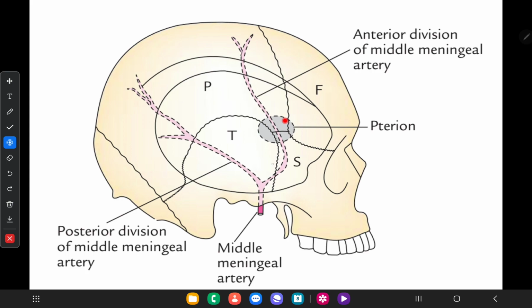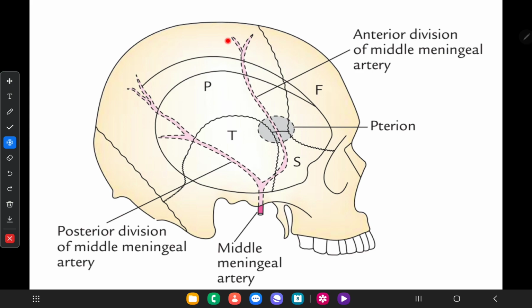Thereafter, this anterior division breaks up into several branches, supplies the dura mater and cranial bones, and goes far towards the vertex of the skull. One branch grooves the antero-inferior angle of the parietal bone and overlies the precentral sulcus of the brain as well.